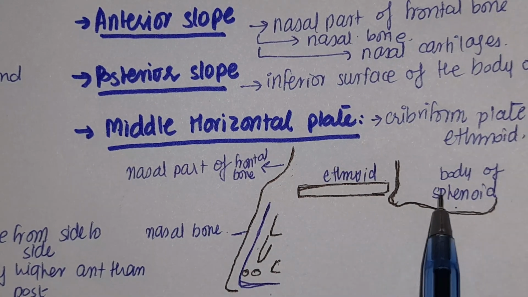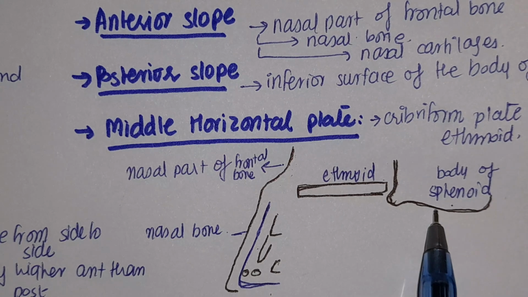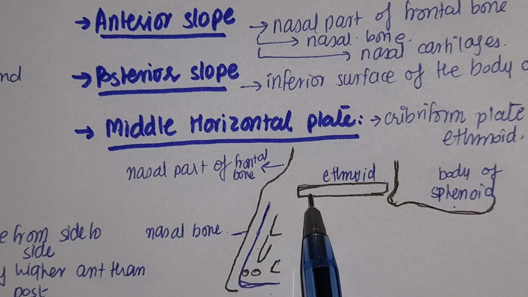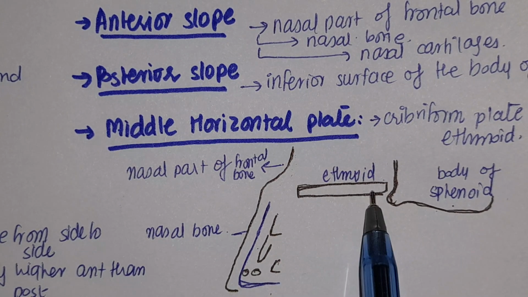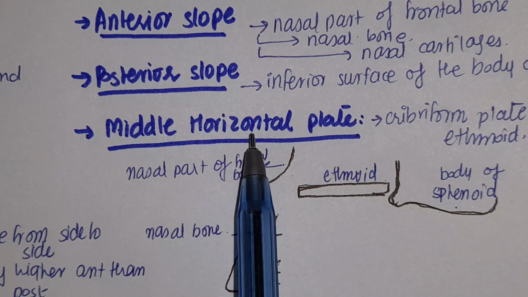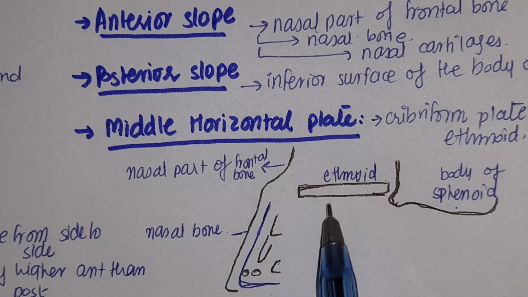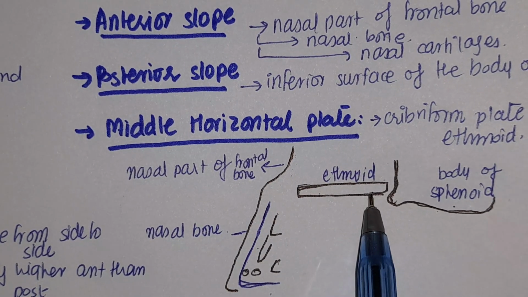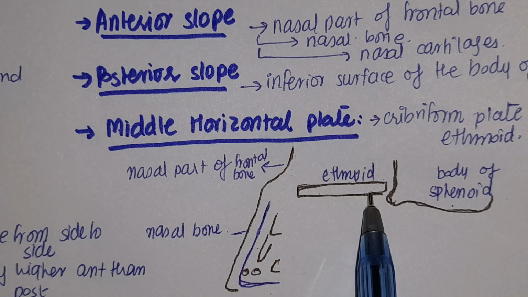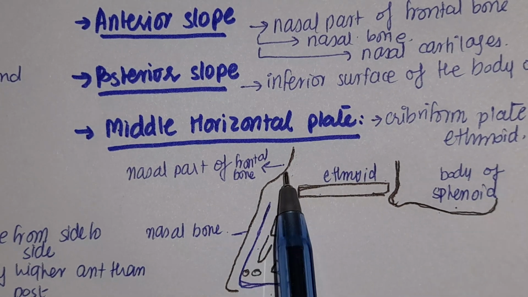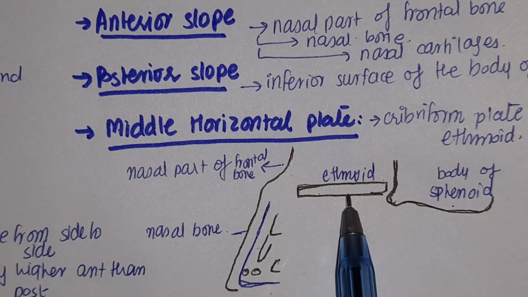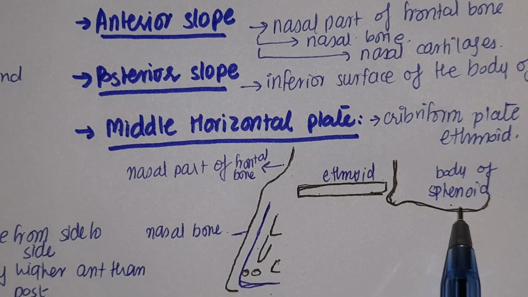The posterior slope is formed by the inferior surface of the body of the sphenoid, and the middle of this roof is formed by a middle horizontal plate, and this horizontal plate is actually the cribriform plate of the ethmoid bone. Anteriorly the frontal bone, in the middle the ethmoid bone, posteriorly the sphenoid bone.